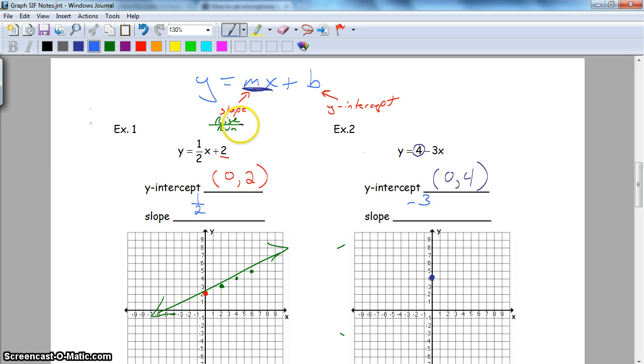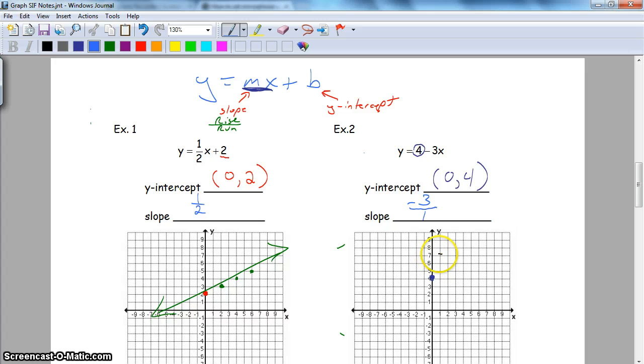Slope is rise over run. Well, here we have rise, but that's it. This is rise over, what would be our run here? Our run would be 1. So -3 divided by 1 is the same thing as -3, and that gives us our rise. Remember, put your pencil on the y-intercept. Rise of 3, 1, 2, 3.